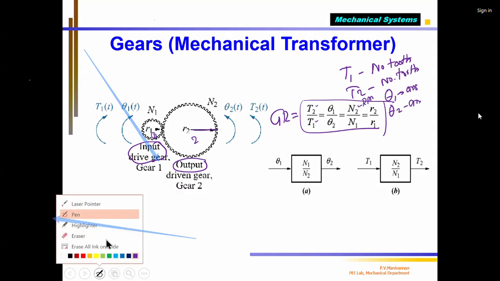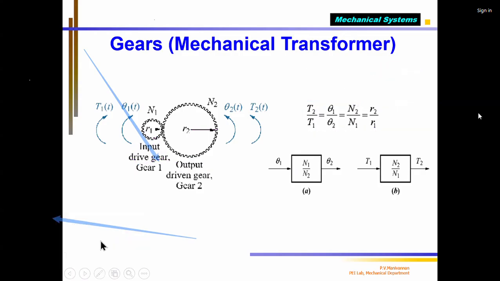So why am I calling this a mechanical transformer? We know that in a mechanical system, the power P equals N into T. For example, this gear is rotating at N1 speed and the output gear is rotating at N2 speed. Now, N1 multiplied by T1, where I am giving a torque.